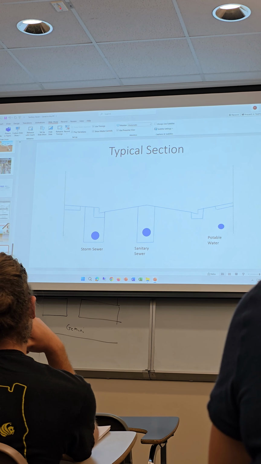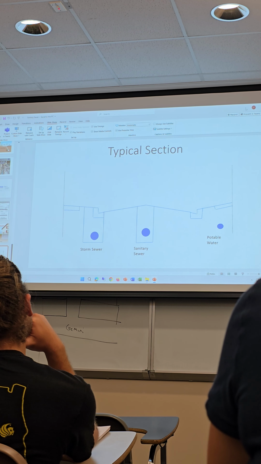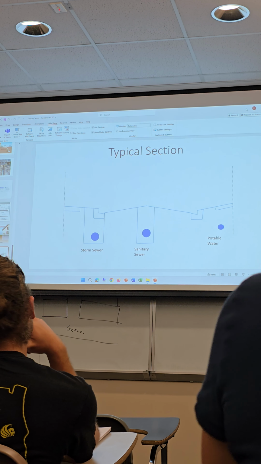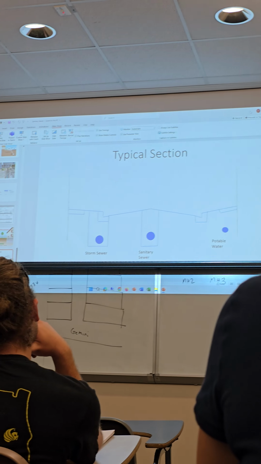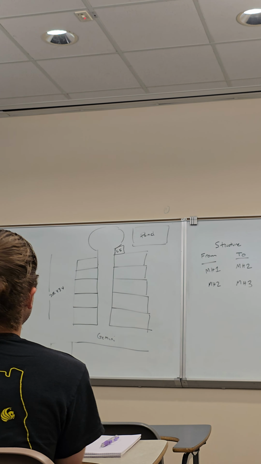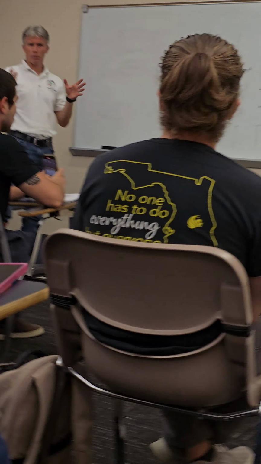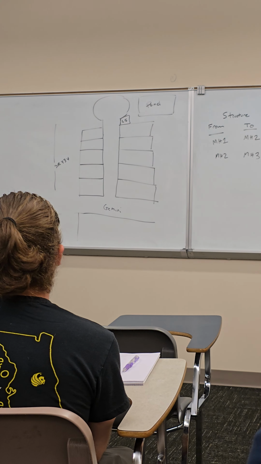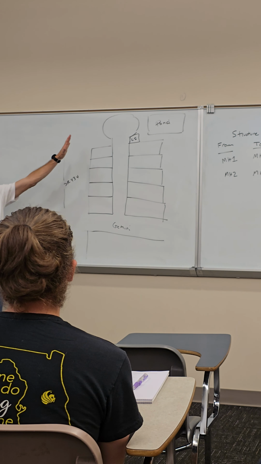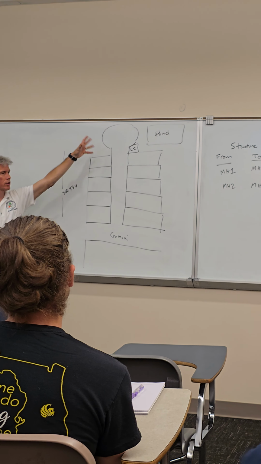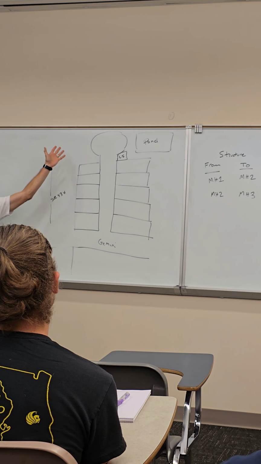So let's talk about the subdivision for your pond and water drain areas and stuff. So what I want you to do is use whatever layout you have, which most of you, it's a road with some sort of cul-de-sac, right?